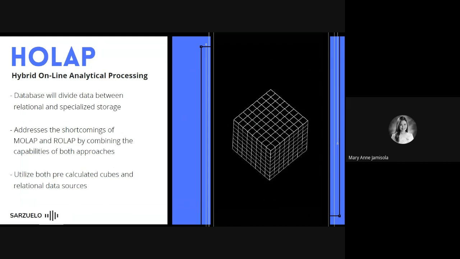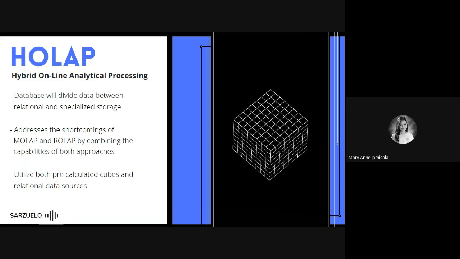Another type of OLAP is your HOLAP, Hybrid Online Analytical Processing. There is actually no clear agreement across the industry as to what constitutes HOLAP, or hybrid OLAP, except that a database will divide data between relational and specialized storage. So, for example, for some vendors, a HOLAP database will use relational tables to hold the larger quantities of detailed data and use specialized storage for at least some aspects of the smaller quantities of more aggregate or less detailed data.